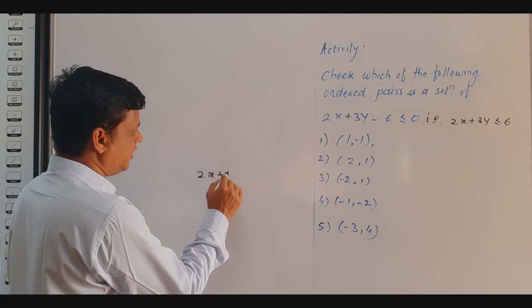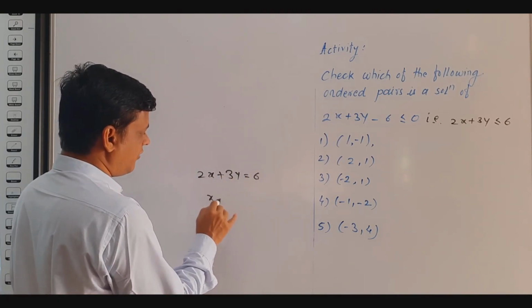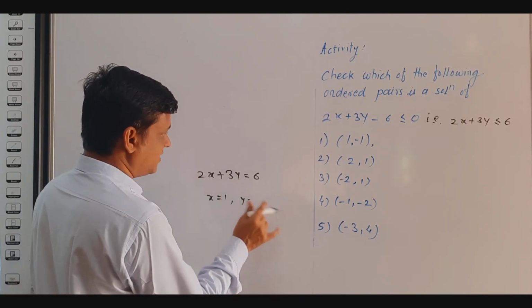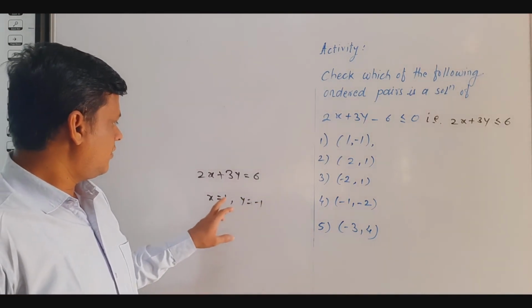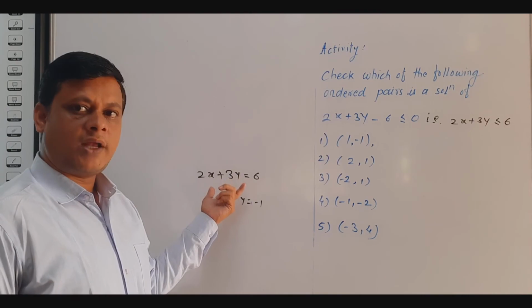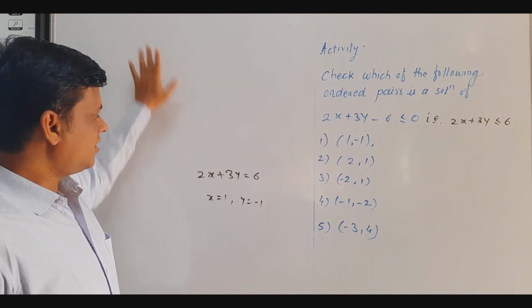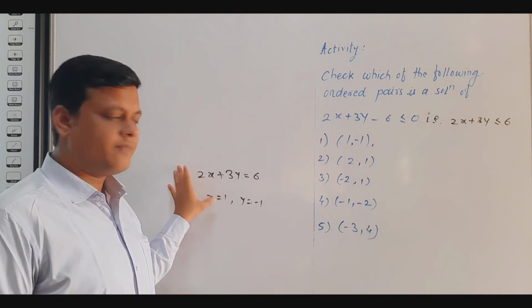Suppose the equation is 2x plus 3y is equal to 6, and you have been given two values, x is equal to 1, y is equal to minus 1. Then you have to check after substituting these values, if LHS equals RHS, then in that case you say that the values are a solution of that equation.